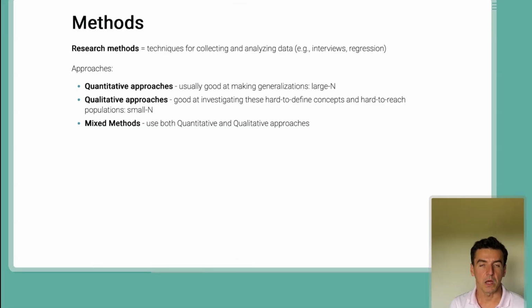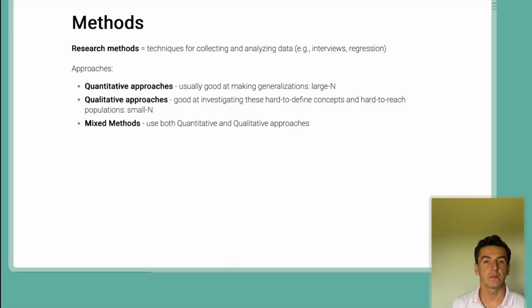This typically applies by definition to a wide variety of cases. Qualitative approaches are very good at investigating concepts that are very hard to define, or maybe populations that are hard to reach. These are also called small-N research approaches.